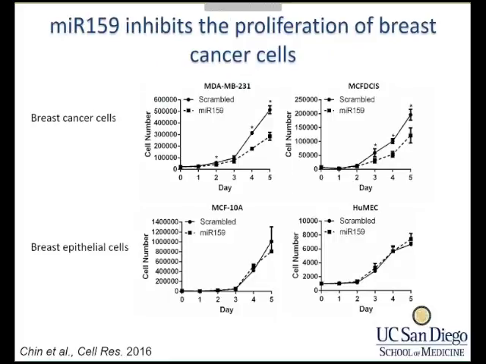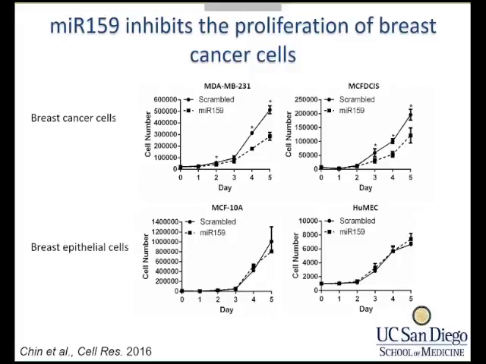So in the next experiment, we studied the function of miR-159. In many of these experiments, we started by using a synthetic miR-159 with the same 2'O methylation to maximally mimic the plant-derived microRNA, and we transfected different types of cells with these synthetic microRNAs using scrambled sequence as the control.